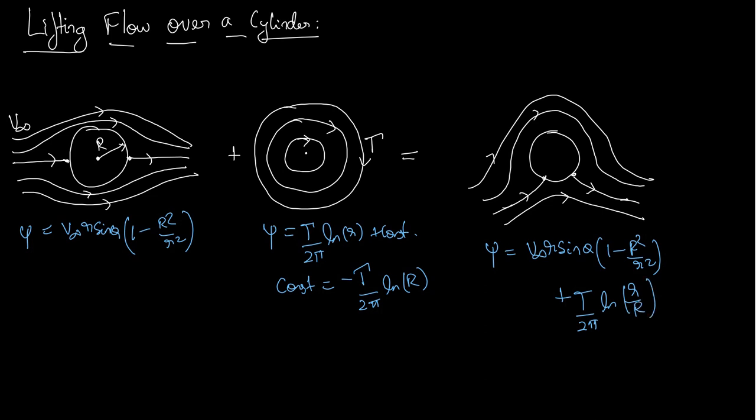I can write it directly. So this is the stream function for what is called a lifting flow over a cylinder. Right. So let's see what is happening. We'll go through the same procedure and we'll try to draw some insights from whatever we get.